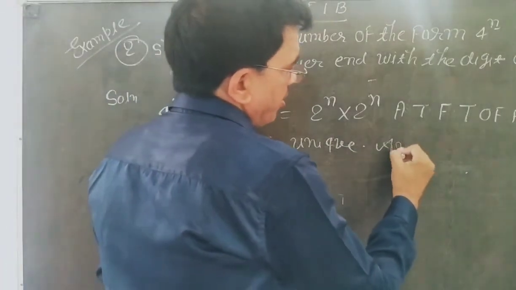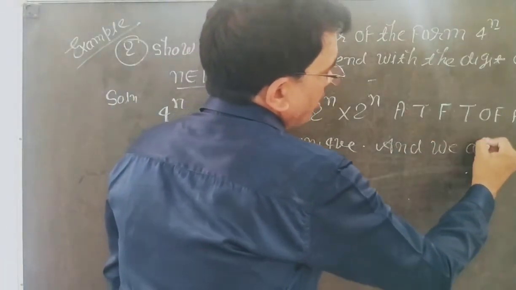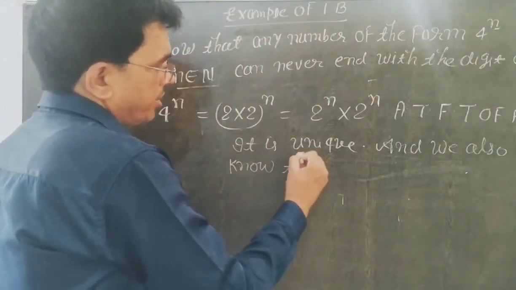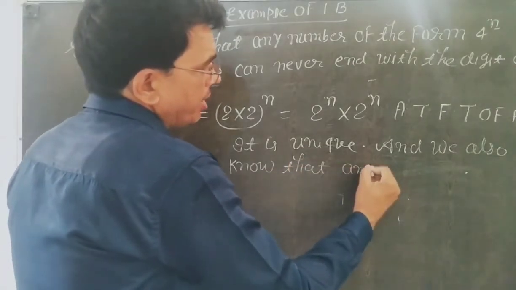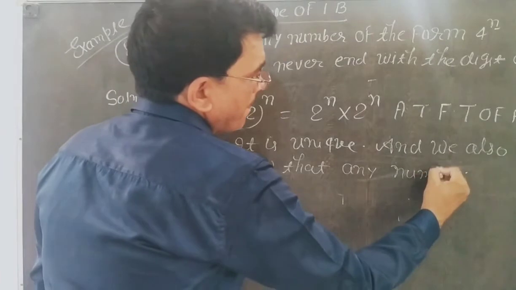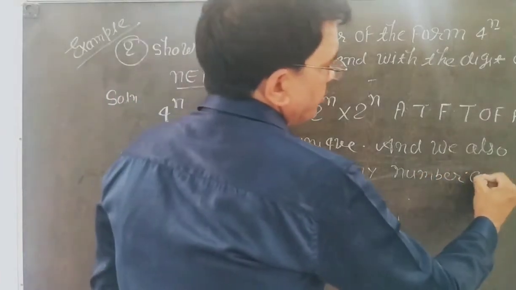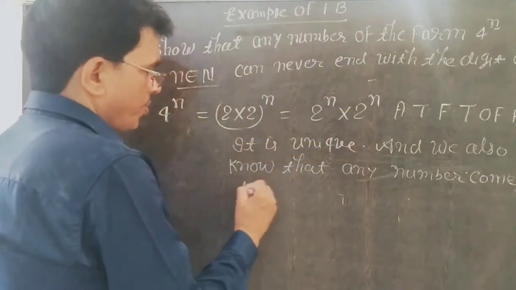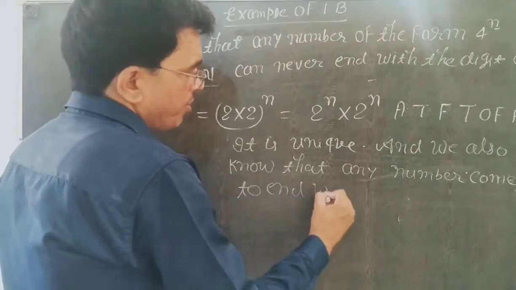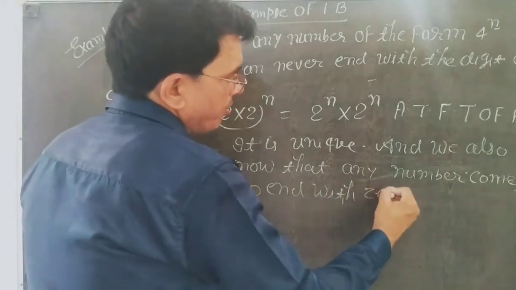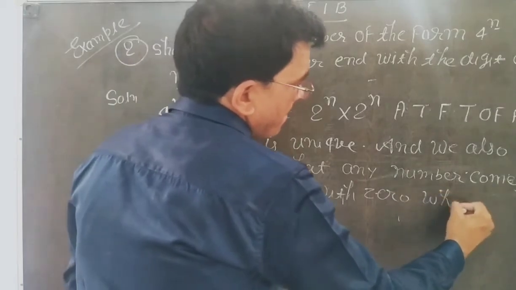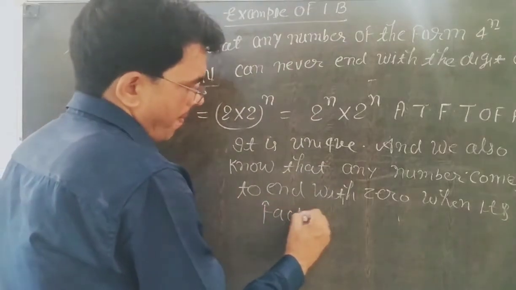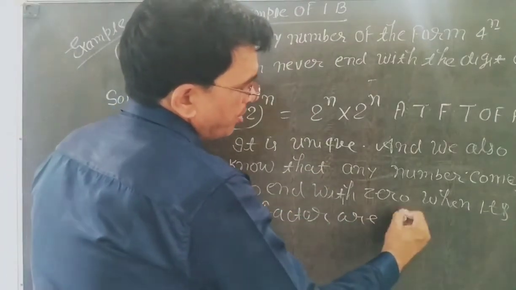And we also know that any number comes to end with 0 when its factors are 2 and 5.